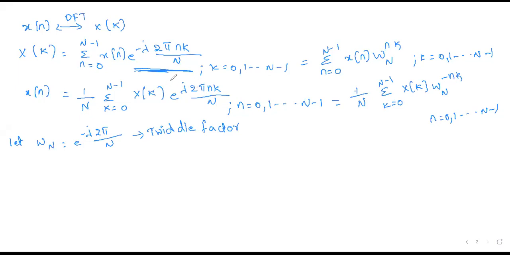Is it clear? If you do sums, definitely you can remember these formulas well. So let us do some sums. This is the generalized representation of the discrete Fourier transform. You should remember these things.